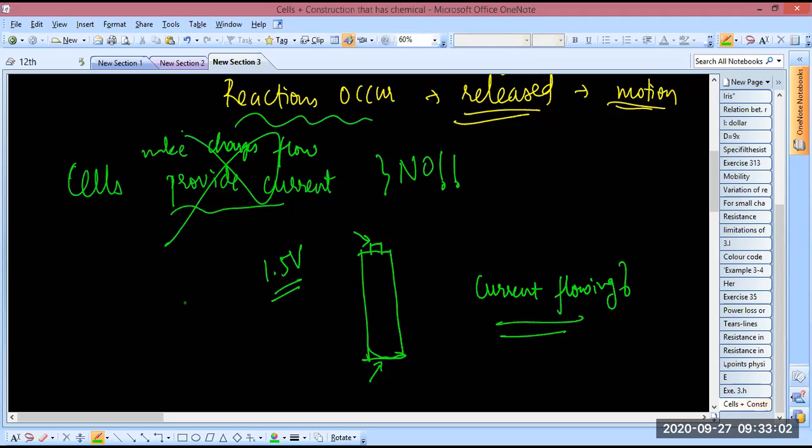Suppose, as an example, it creates a potential difference of 1.5 volt. So now what will happen? Now if you connect it with a metal wire, suppose a bulb is placed here, this is a bulb, then electrons are very opportunistic.